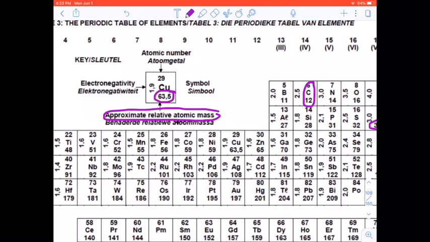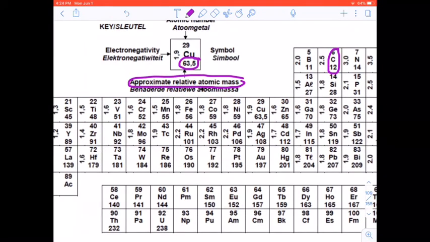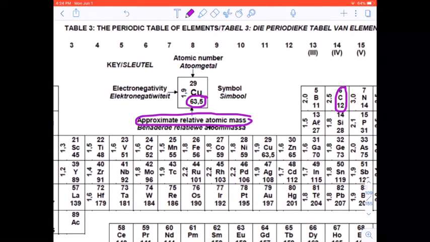Relative atomic mass, you can see it's just numbers, and that gives you an indication of the masses relative to carbon-12, but it has no units. Right. And like I said, the relative atomic masses for this periodic table are given as whole numbers.